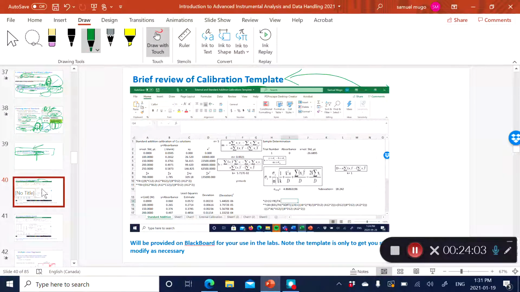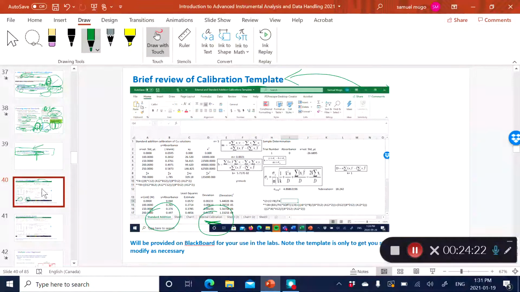And it's got the standard addition calibration method, and the external standard calibration method. And remember, as I've told you, the internal standard method is exactly the same as the external calibration method.